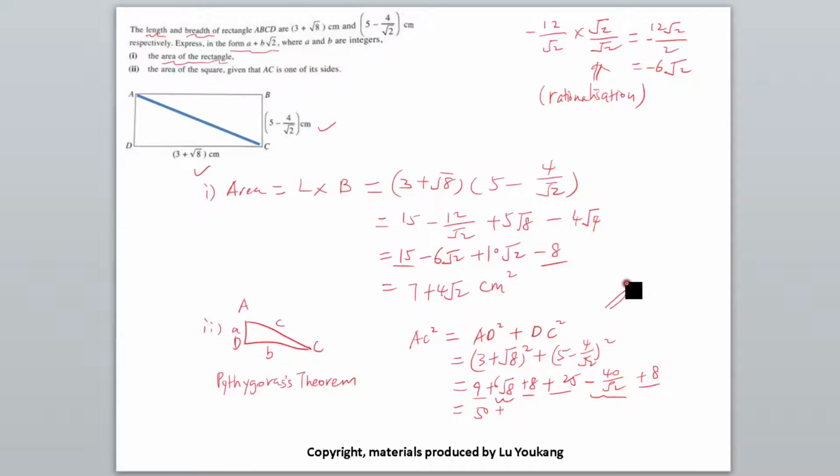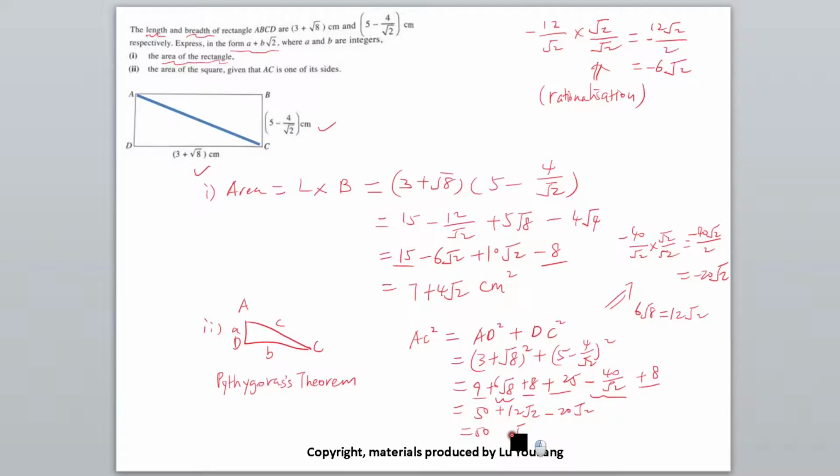I've combined the whole numbers, which I get 50. And now, let me rationalize minus 40 over square root 2. So after rationalization of minus 40 over square root 2, I get minus 20 times square root 2. So let me continue to simplify 6 square root 8, which is equal to 12 square root 2.